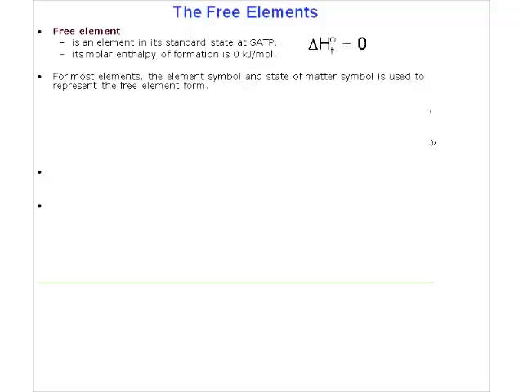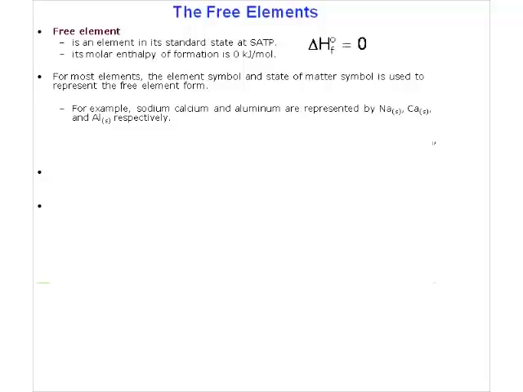Okay, now for most elements, the element symbol and state of matter is used to represent the free element form. Again, for instance, if I had the metals like sodium, calcium, aluminum, these guys would all be solids at room temperature. Some of the non-metals, some are solids, some are gases. Like the noble gases are going to be gases. The halogens, you've got to watch out for bromine and iodine. Bromine is a liquid, iodine is a solid.